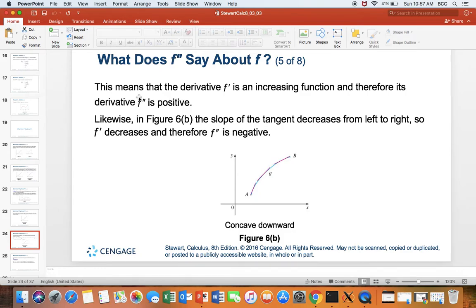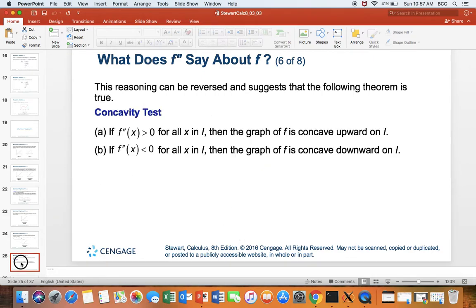That is f double prime is positive because slope is increasing. F double prime positive is concave up. When f double prime is negative, slope is decreasing. Slope decreases. F double prime negative. That makes it concave down.